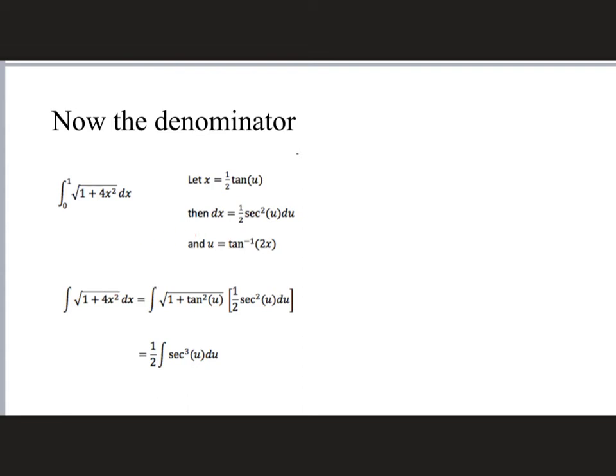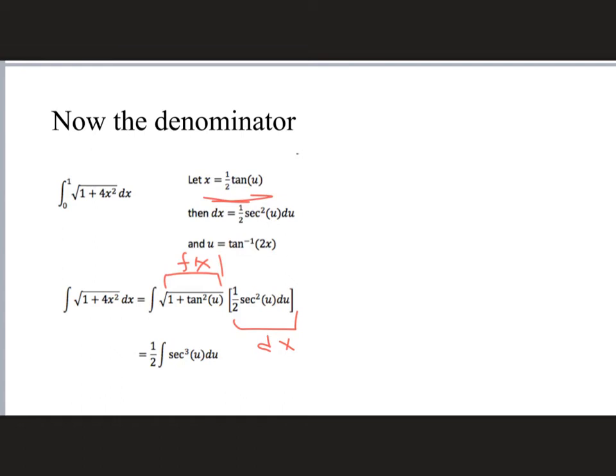So I can now put this substitution into my integral. This term here is my square root of 1 plus 4x squared, where I've substituted in for x. And then this term is simply my dx. And so this is my f of x here, and this is my dx.